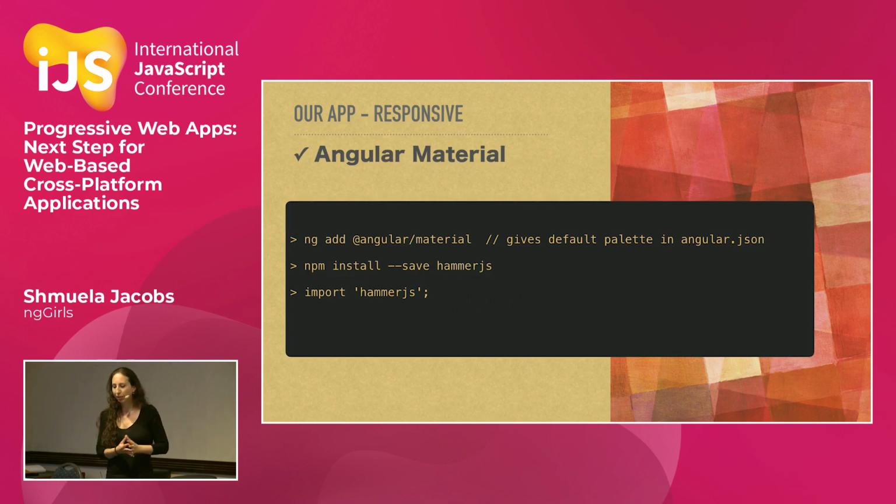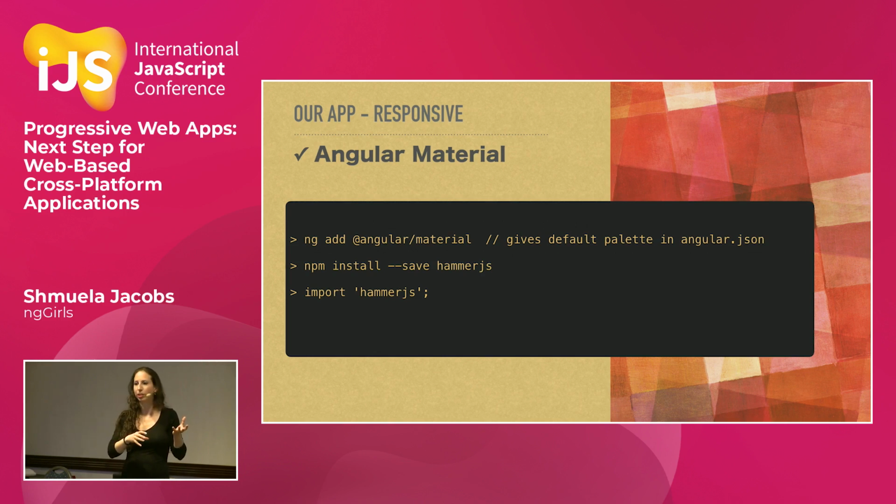Like I said, I'm using Angular Material, so this is how I added it to the project. Instead of doing npm install and then doing all the modifications to the code by myself, I'm just running ng add Angular Material, and it already gives me everything.